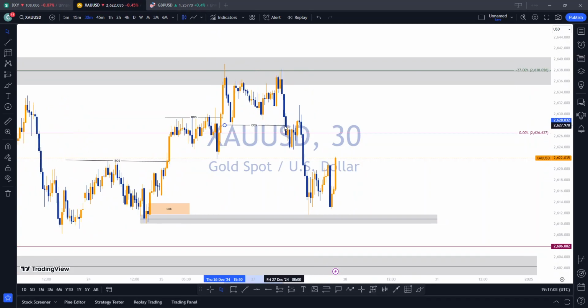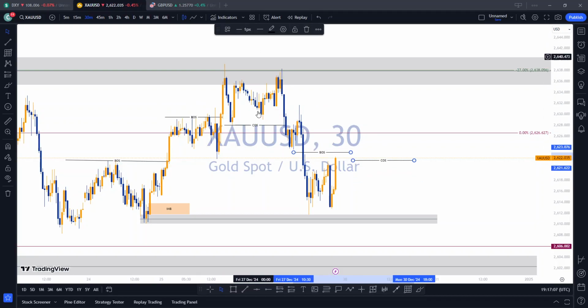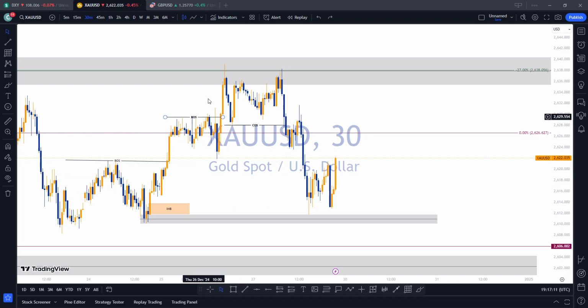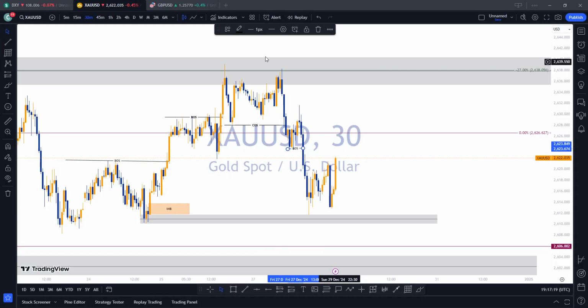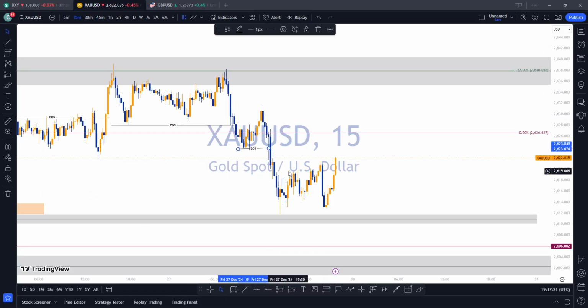Then we have a break of structure right here.